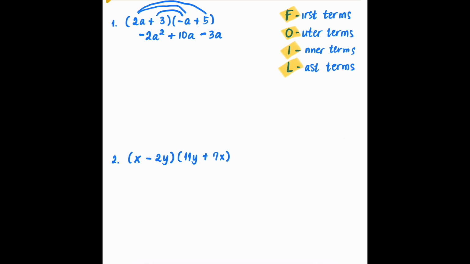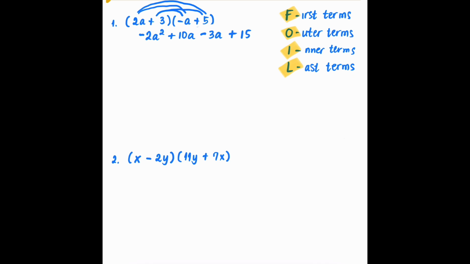Our last terms are positive 3 multiplied by positive 5, and that's going to give us positive 15. All right. So after multiplying the pairs of terms, we got this polynomial. So we have negative 2a squared plus 10a minus 3a plus 15.